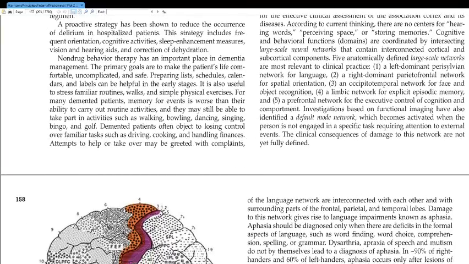So again we have a left, a right, an occipito, a limbic and a prefrontal. So left, right, back, front and a limbic network.